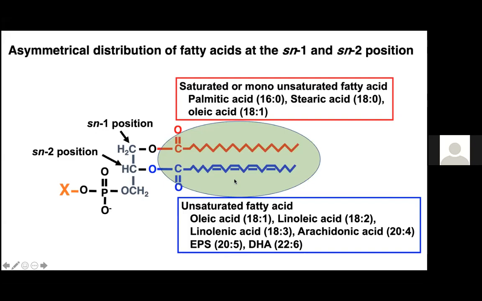The SN1 position is occupied mainly by saturated fatty acids, such as palmitic acid C16:0, stearic acid C18:0, and monounsaturated fatty acid oleic acid C18:1. On the other hand, the SN2 position is mainly occupied by unsaturated fatty acids that have multiple double bonds of the cis type, as shown here.